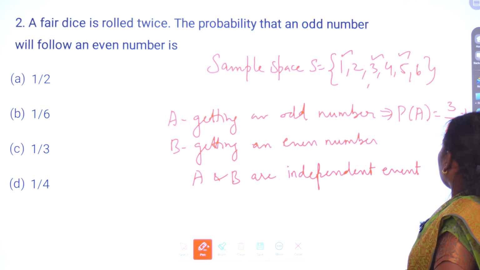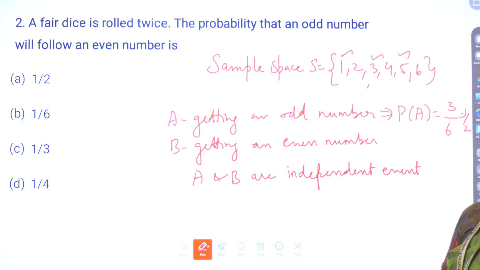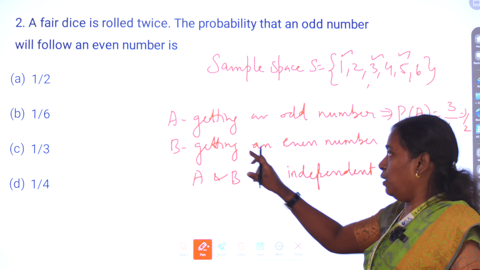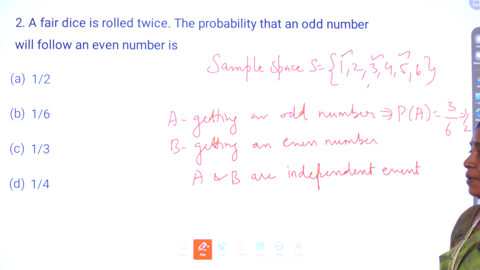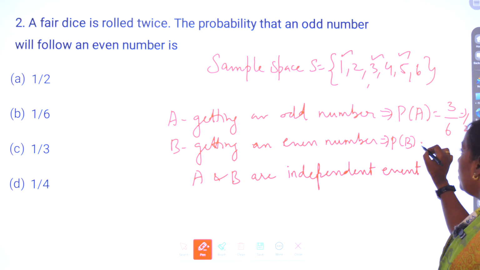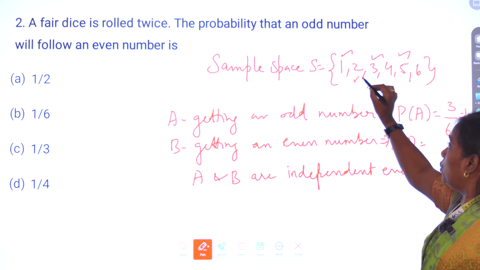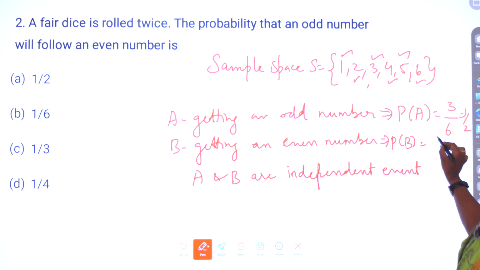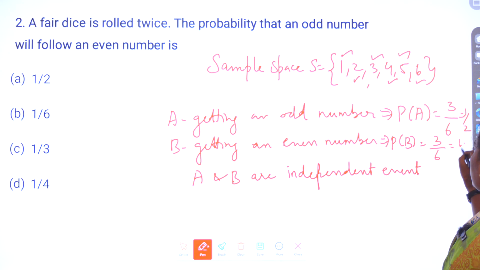So this is 1 by 2. The next event is B, which is getting an even number. So what is the probability of getting an even number? Again, what are the numbers here? 2, 4 and 6. So how many numbers? 3 numbers out of 6. So this is again 1 by 2.